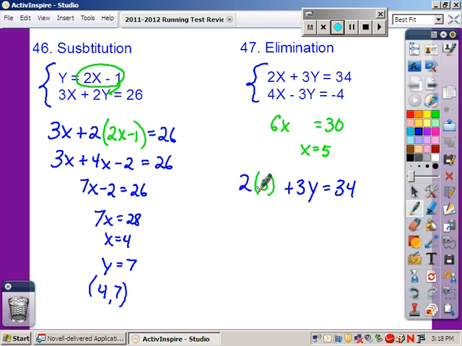So this is 10. 10 plus 3y equals 34. I'm going to subtract that 10 off. I got 3y equals 24. And then I'm going to divide by 3. I get y equals 8. So our final answer is 5, 8. No problem.